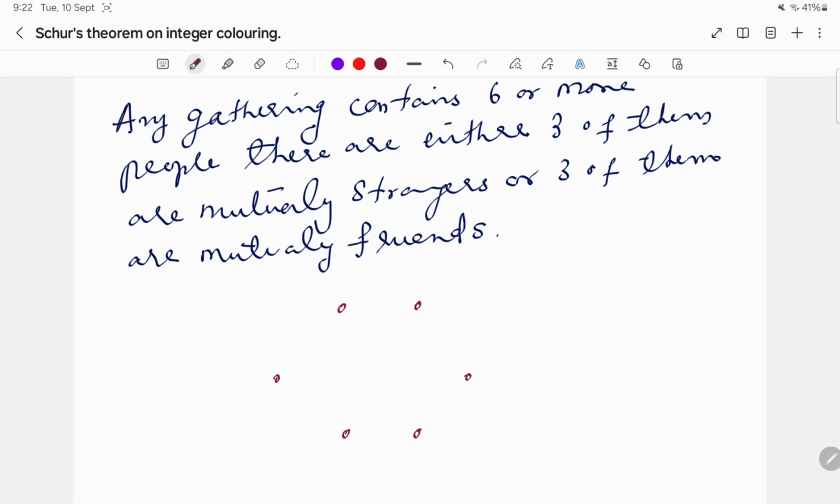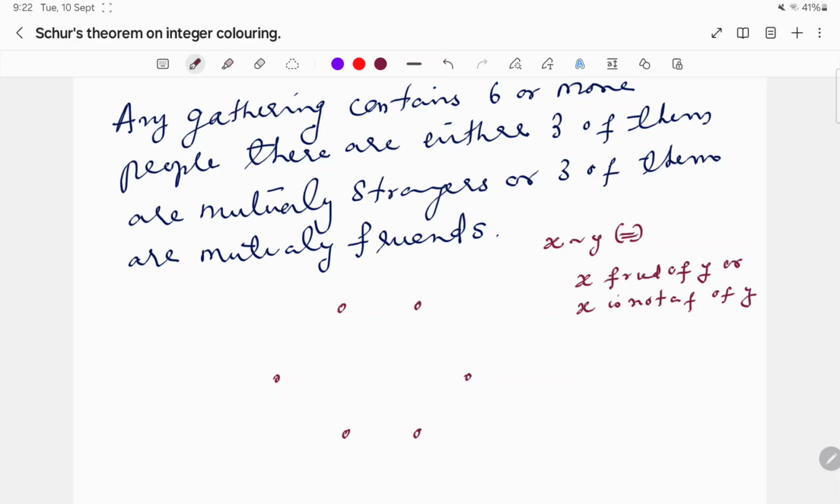Now we form a relation: these people are related when x is a friend of y, or x is not a friend of y.